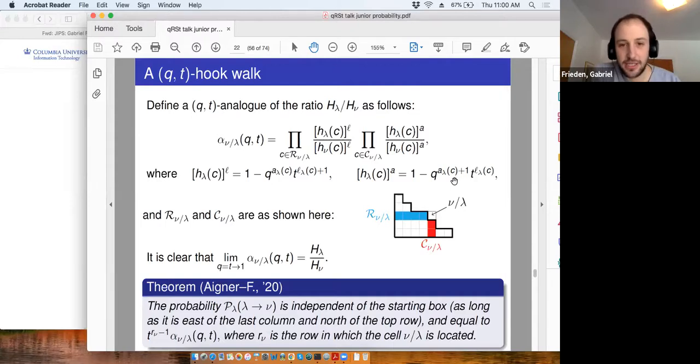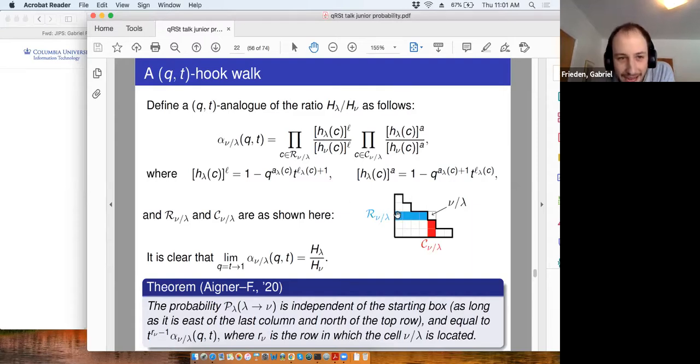This is this thing, and it's clear that if you set q and t equal to 1, you just get the ratio of the hook lengths. If I set q and t equal to 1, then each of these factors just becomes the hook length of lambda divided by the hook length of nu.